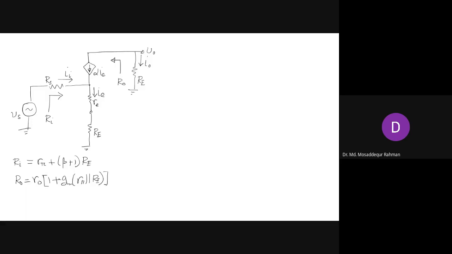And now we are trying to determine the voltage gain, AV, which we expressed as the product of two gains, V0 by VB and VB by VS. And here we have already determined the gain expression V0 by VB, which is minus RL over small re plus capital RE.